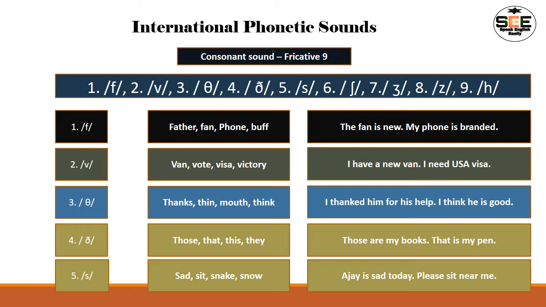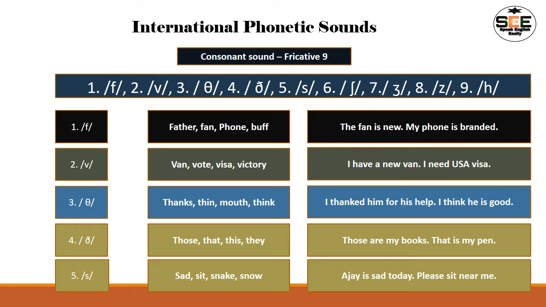Number 8, it is small z, so it produces the z sound. Number 9, it is h symbolized, so it produces the ha sound. So let's see details with the words so that it can provide a clear picture on it.